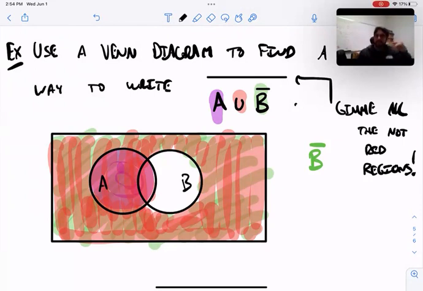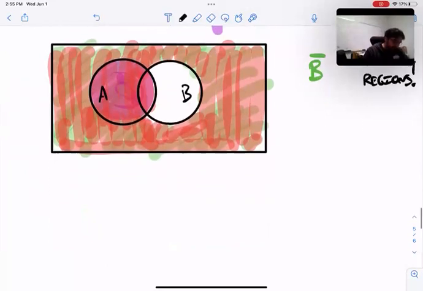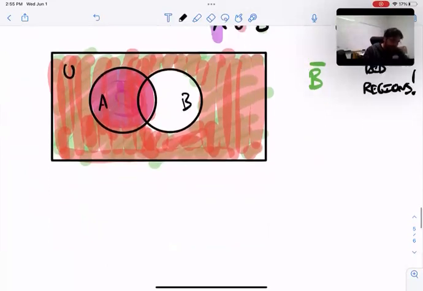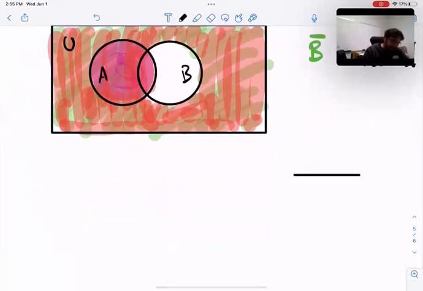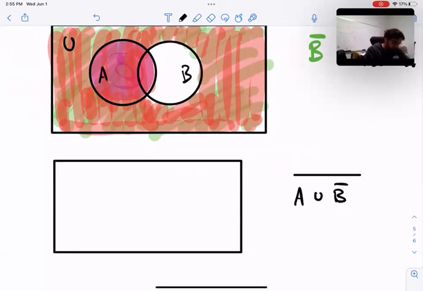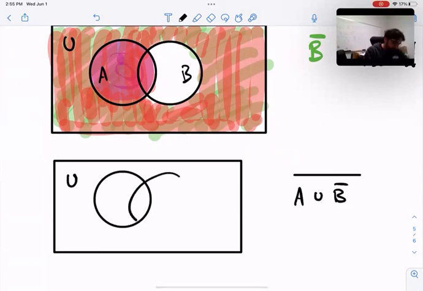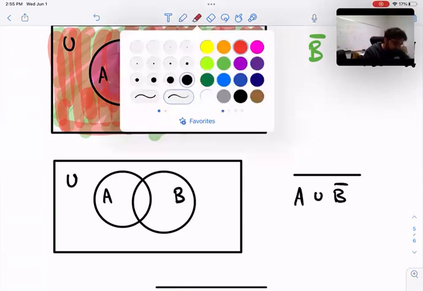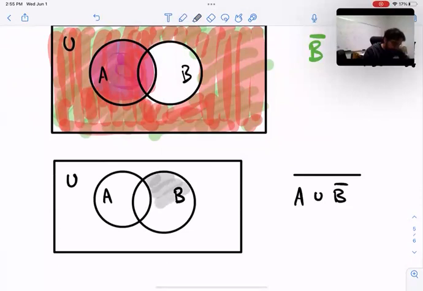It's just this little nearly full moon looking thing centered at B. It's that white region. So what we could say at the end of this, and this diagram now is getting pretty gross, is thus this set is really just this region right here.